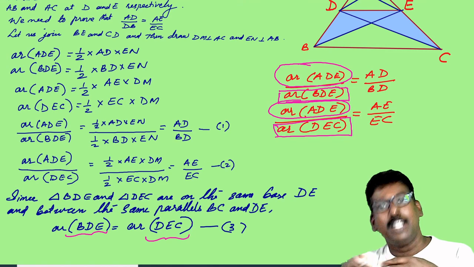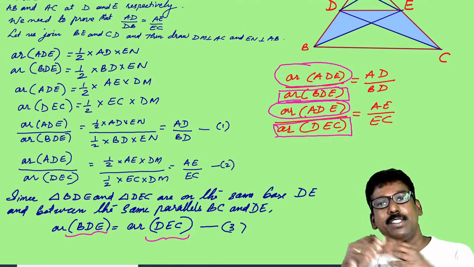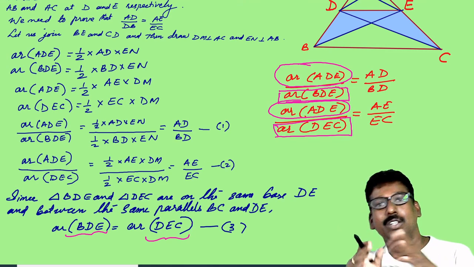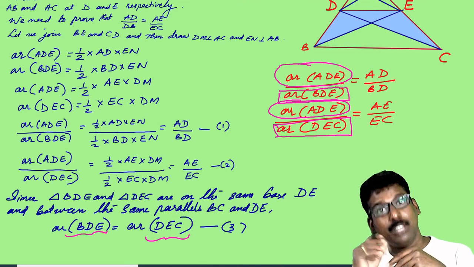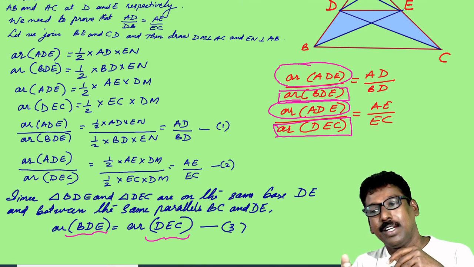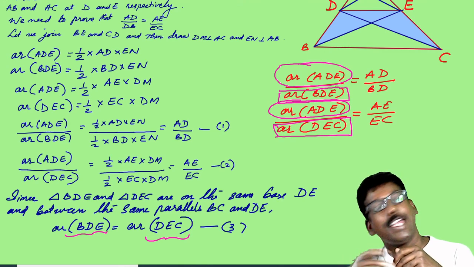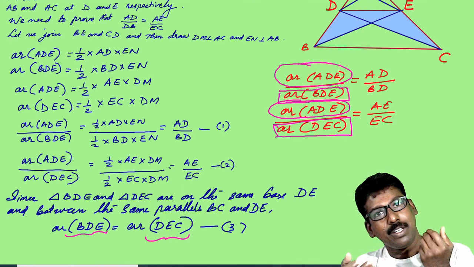Numerator also equal, denominator also equal. That means the LHS of these two equations are equal. Therefore, the RHS must be equal. What are the RHS? AD by BD and AE by EC. They are equal.